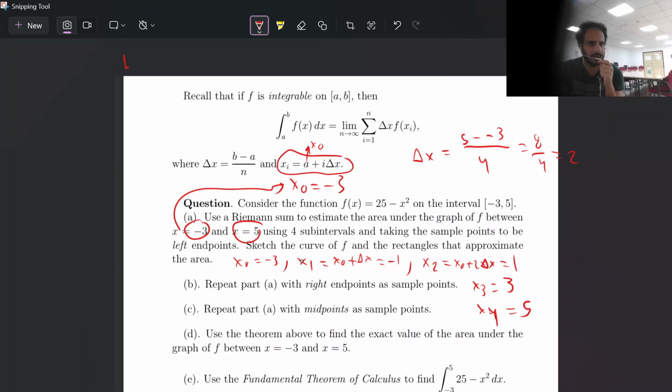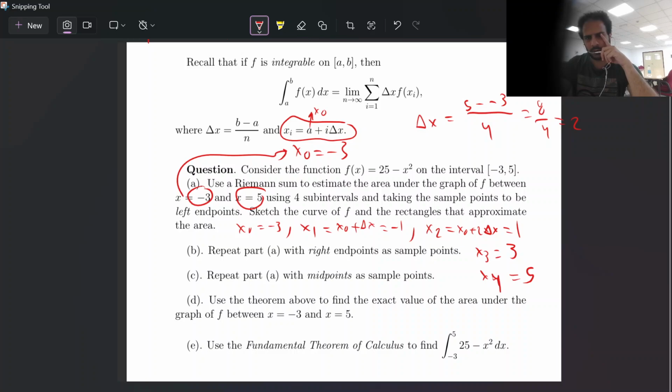So let's find L4. L4 equals delta x times f of x0 plus delta x f of x1 plus delta x f of x2 plus delta x f of x3. That's for left endpoints. For right endpoints, let's do now the right endpoints.